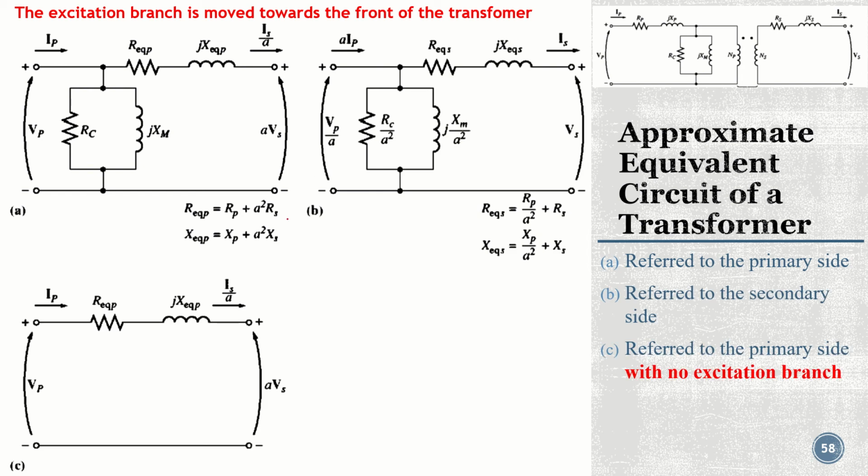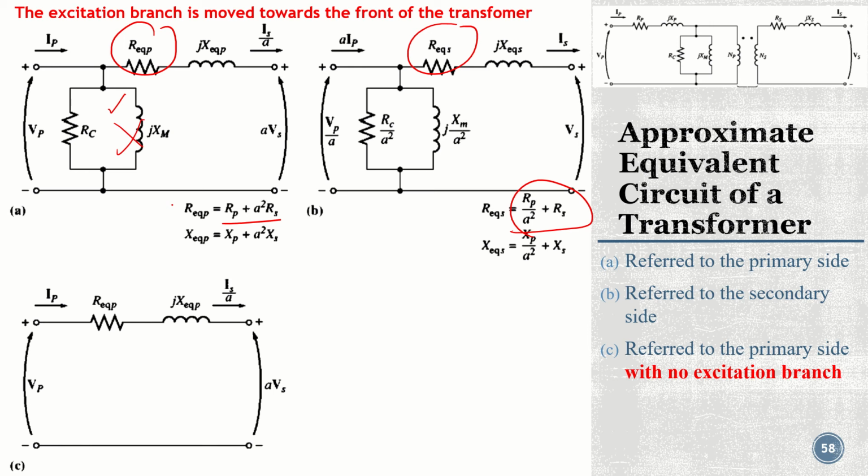Here the resistance is the equivalent resistance, the summation of the two resistances. Just for simplicity we remove the excitation branch, because the current flowing through it is very small, so we are neglecting these components.